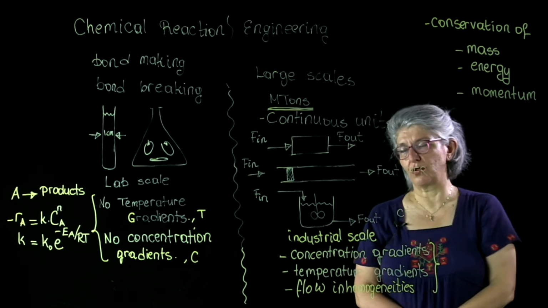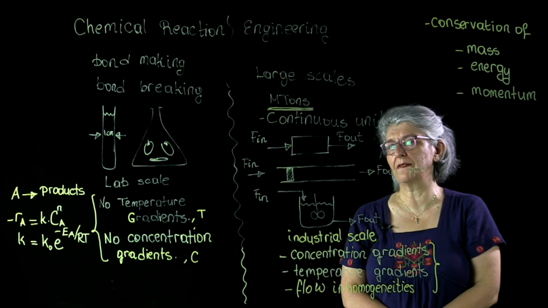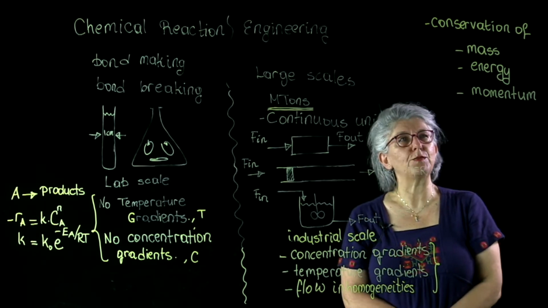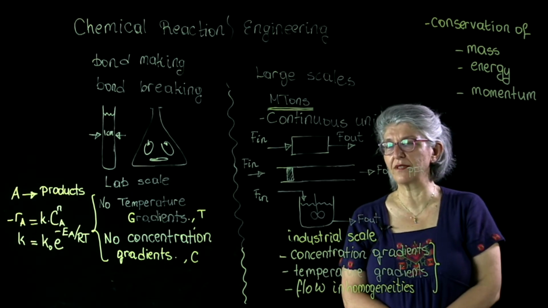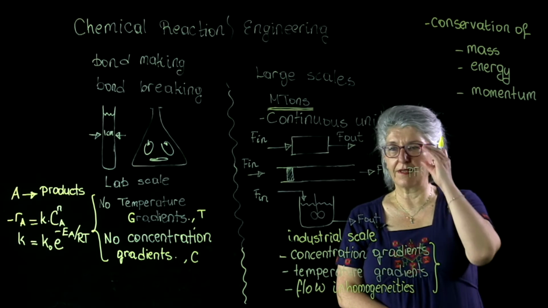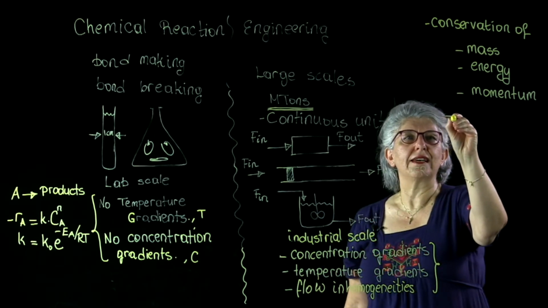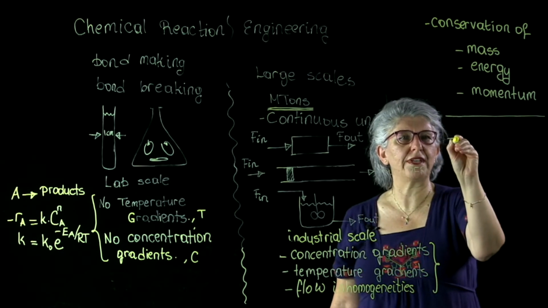Which problem to solve depends on what the objective of the problem is, and which problem to ignore requires a good understanding of the issues. So let us take an industrial scale plug flow reactor.